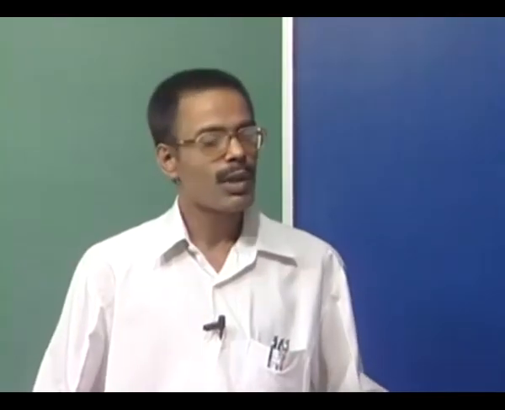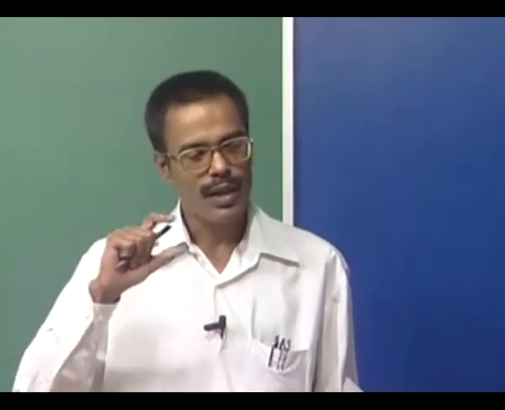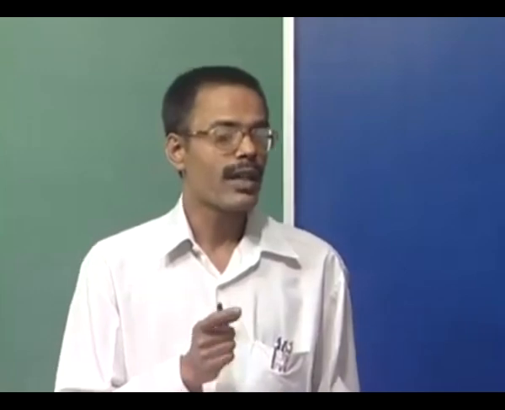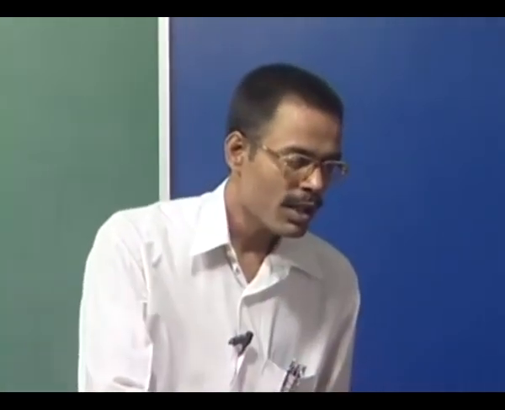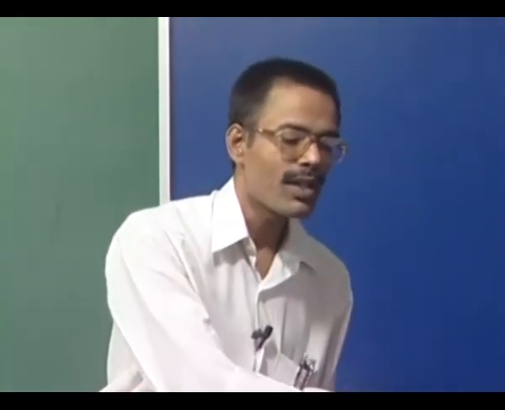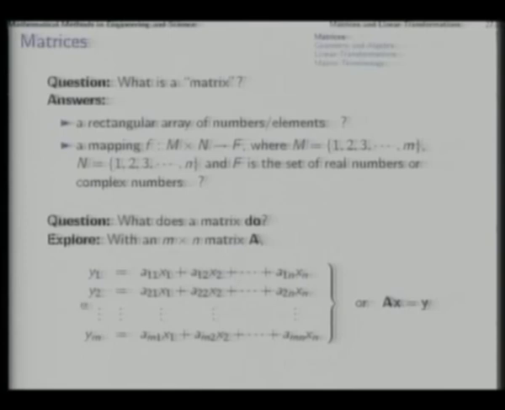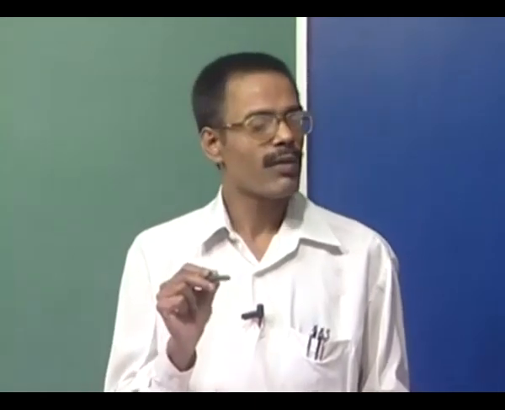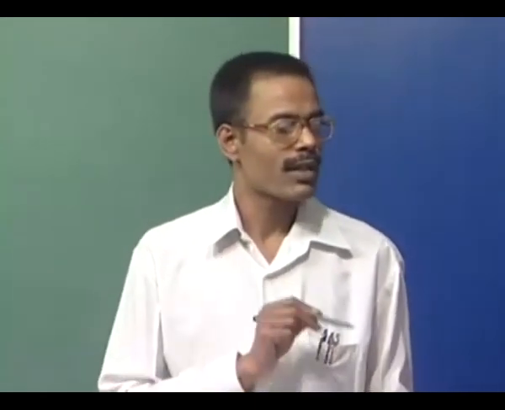Before that, we will consider these small definitions of several functions as a small diversion and try to understand what is actually taking place here when the matrix multiplies with a vector. Consider this small diversion. y equal to f of x, this is a statement of a scalar function f of a scalar variable x.